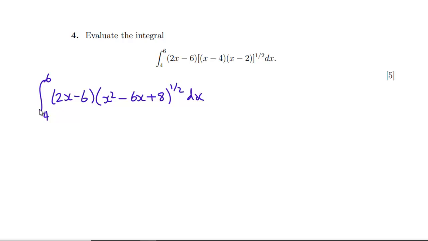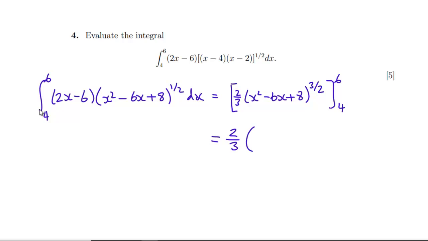So that makes things a lot easier. So whatever's in the bracket has then got to go up to the new power of 3 over 2, and then multiply by 2 over 3 to get rid of that. That's going between 4 and 6. So for 6, we've got 36 minus 36 plus 8.